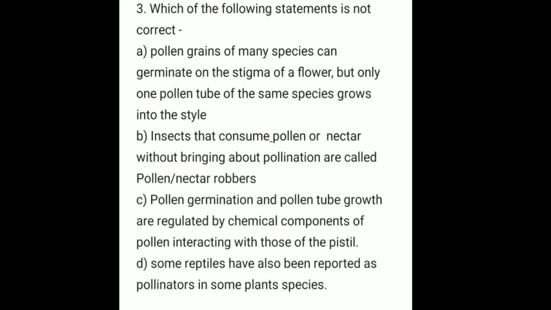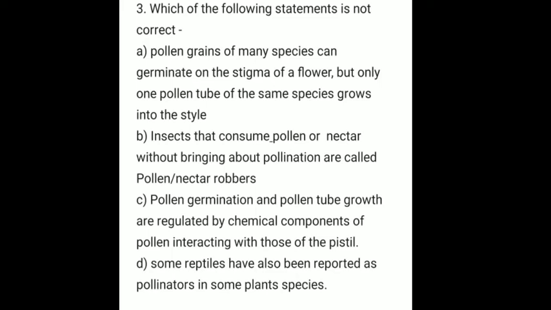Next, option C. Pollen germination and pollen tube growth are regulated by chemical components of pollen interacting with those of the pistil. D. Some reptiles have also been reported as pollinators in some plant species.